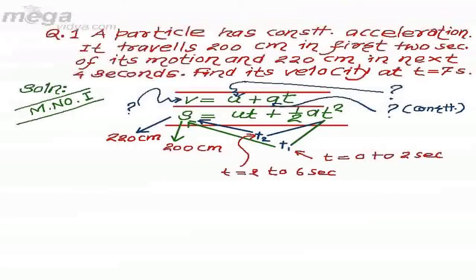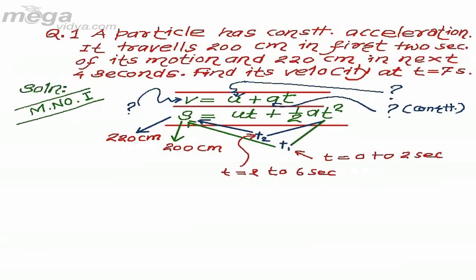So now how to solve this question using these equations? For these equations, we have two unknowns, a and u, which are very much required, and also another unknown which is the final velocity or velocity at any time t. So using two equations we cannot get three values.